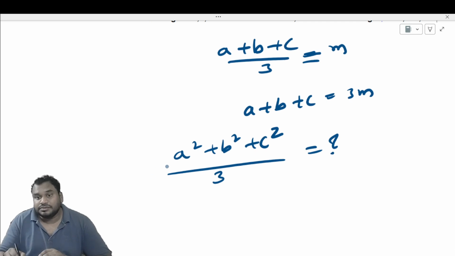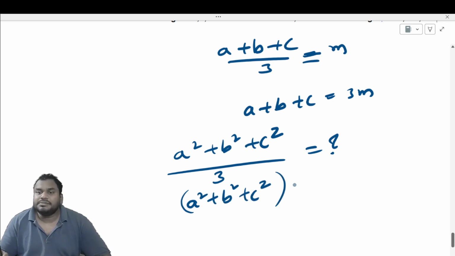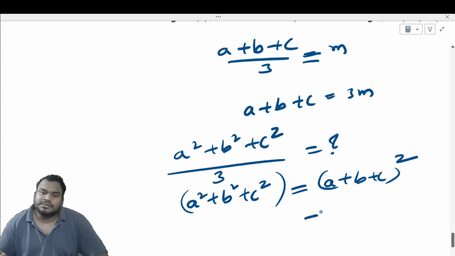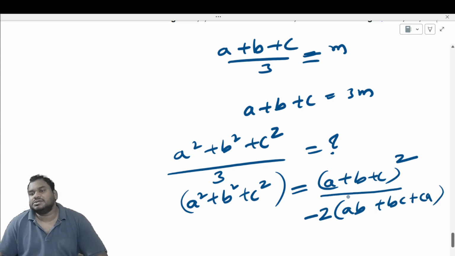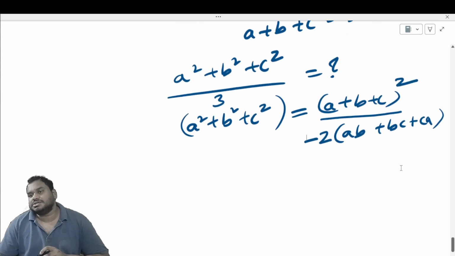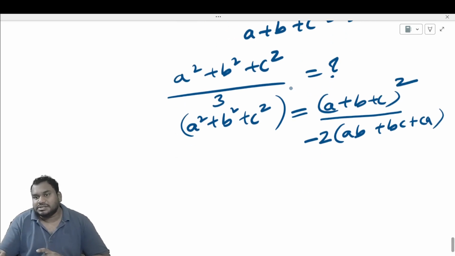But we know one thing. A square plus B square plus C square can be written in terms of (A plus B plus C) whole square minus 2 into (AB plus BC plus CA). See, if I split (A plus B plus C) whole square, what is the formula?